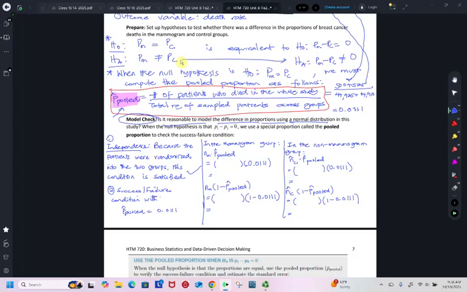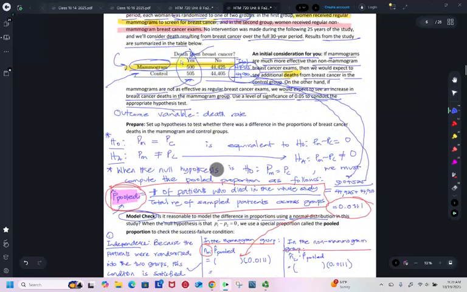Next, we're going to go to each of the two groups, the mammogram group and the non-mammogram group. We're going to use the value of the pooled proportion to multiply the number of those in the mammogram group. And remember, the total number in the mammogram group is 44,925.